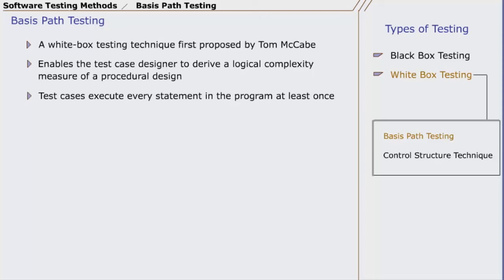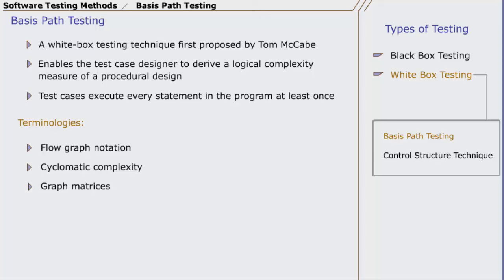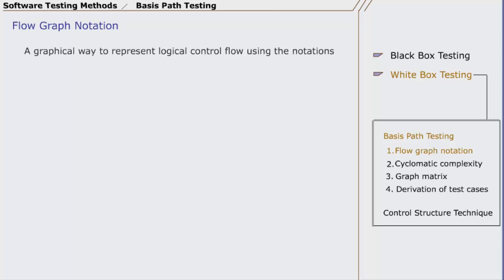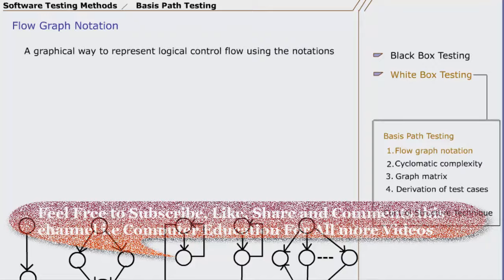To understand basis path testing, we must have an idea of flow graph notation, cyclomatic complexity, graph matrices, and derivation of test cases. Number 1. Flow graph notation. Flow graph is a graphical way to represent logical control flow using the notations as shown in figure.